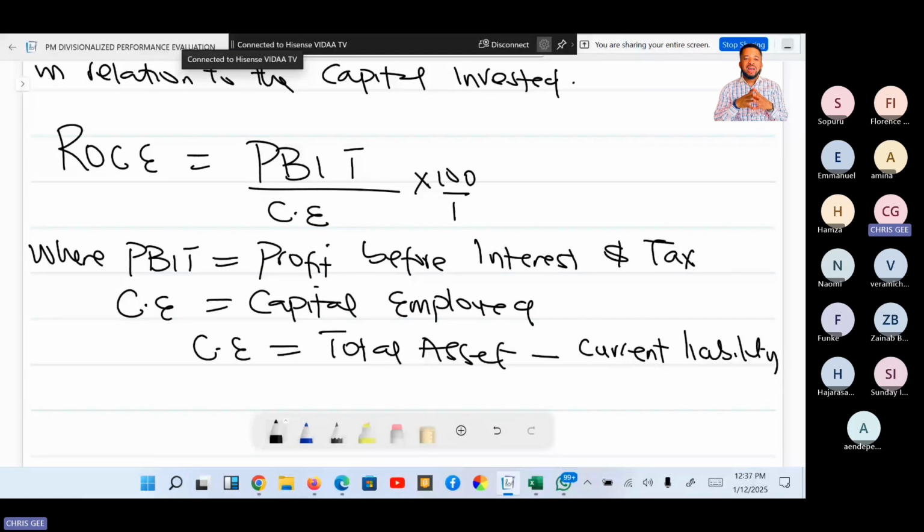Because remember, I told us yesterday that there's a balance sheet, there's a profit budget for the head office. Then you have the total revenue, total costs, and the projected profit. Then you have all these divisionalized centers: maybe 20,000 revenue is coming from you, 10,000 from another, and they sum up to the total.